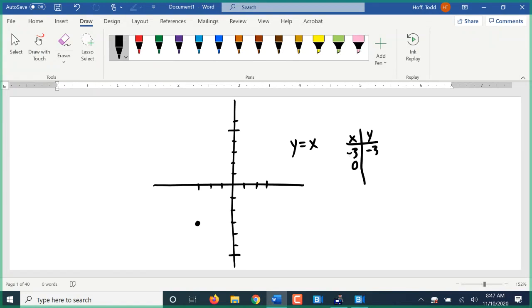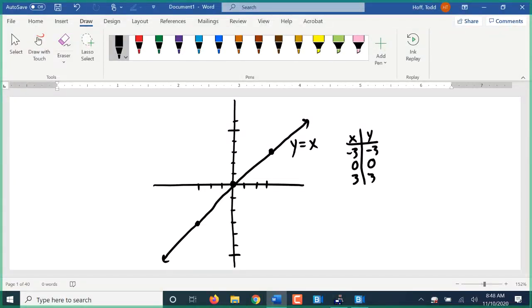If x is 0, y would just be 0. That's a dot at the origin there. If x were 3, y would be 3. Dot right there. That gives us a line going corner to corner across our graph through the origin. Something like that.